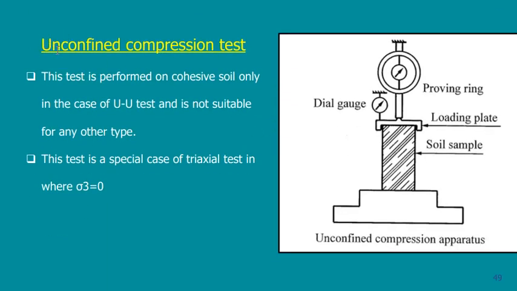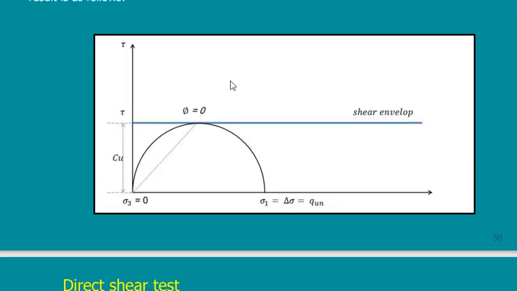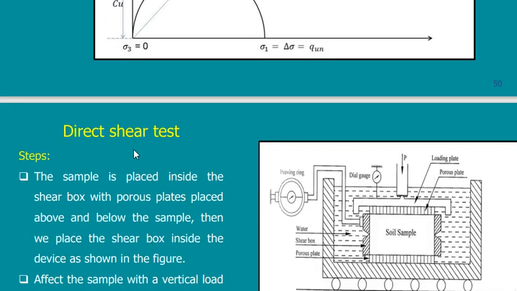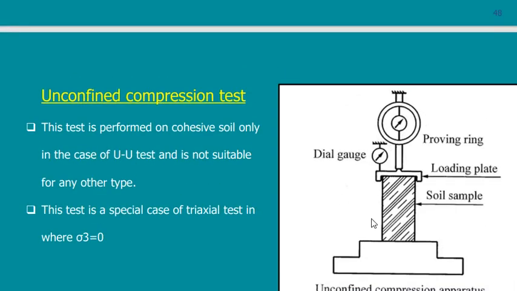Usually we use part of it, which is the unconfined compression test. This is an easy test, similar to the test that you conduct on concrete samples just to reach failure for these samples. So we usually conduct the unconfined compression test and we conduct the direct shear test. Both are not exactly the same as the real case, because in the unconfined test, from the name, it means that we don't have anything around the sample, and this is not the case in soil.